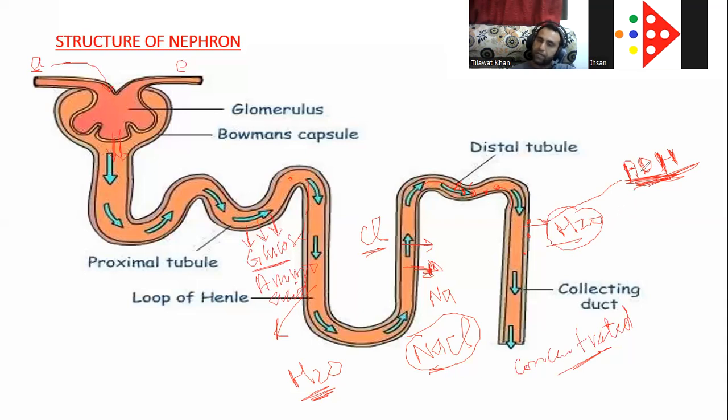And if there is enough water in your body, this ADH will not be secreted or less secreted, so no more water will be reabsorbed back toward your body. The urine will be dilute, and you will make more urine. You got it? So this is the function of the nephron, how the nephron is working.